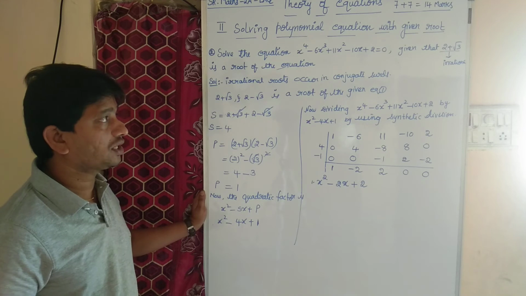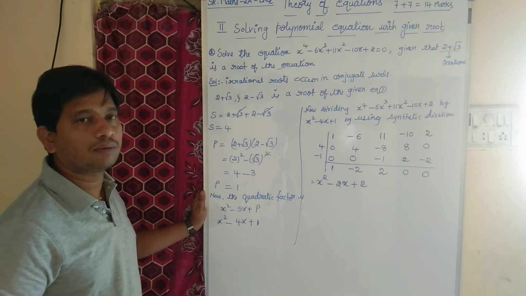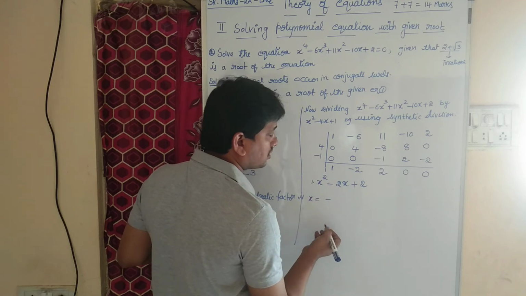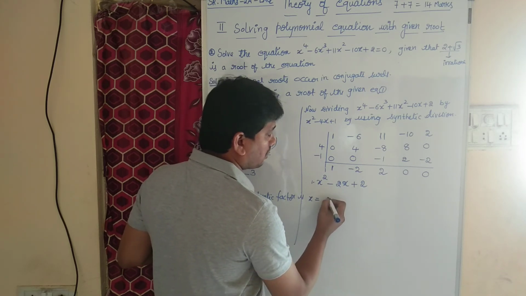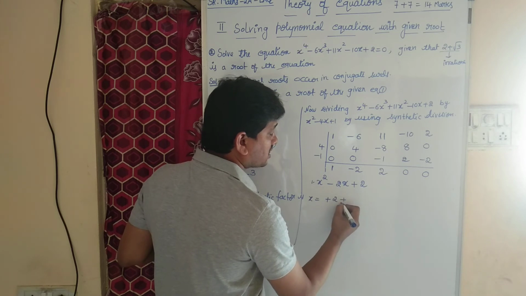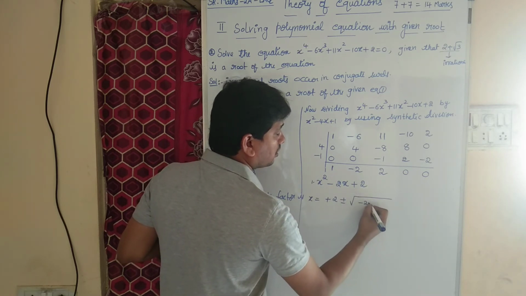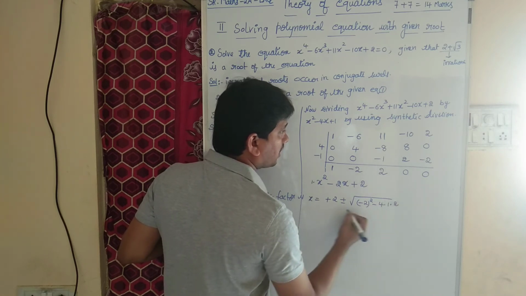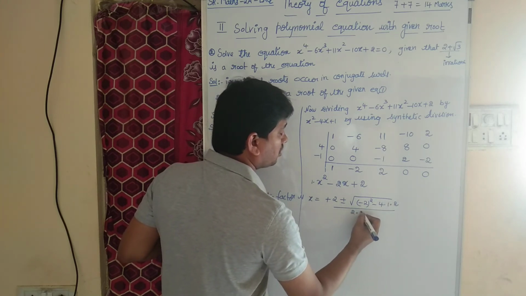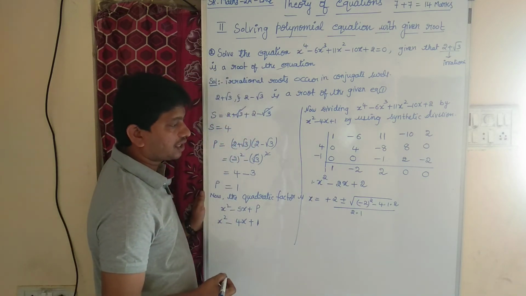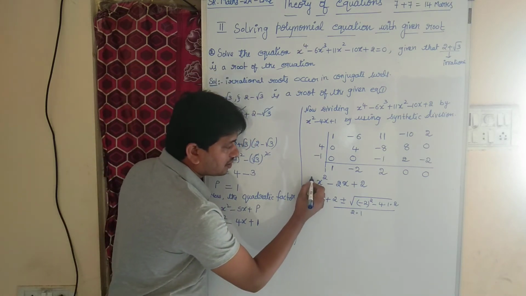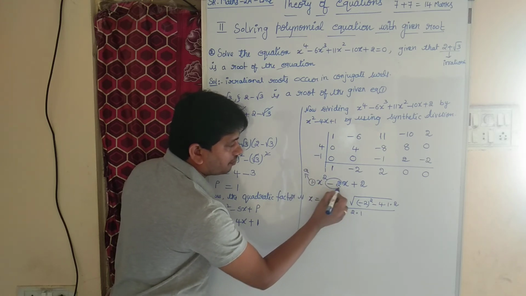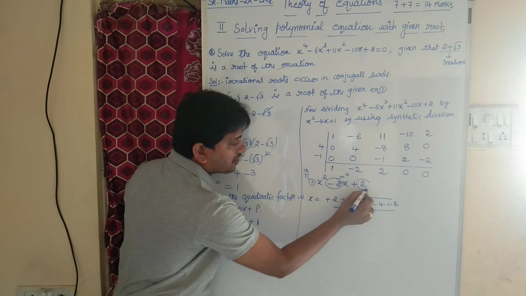Okay, let us solve this quadratic equation by using the quadratic formula. Right? As this is the value of a, this is the value of b, and this is our c.